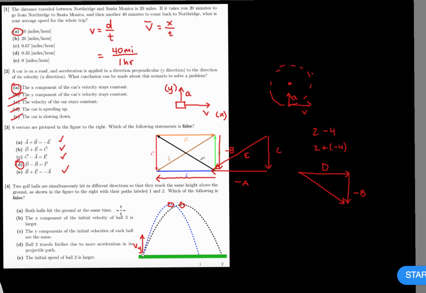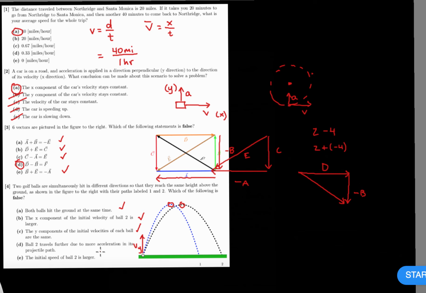So this is true: the x component of the initial velocity of ball 2 is larger. We just got done saying that. The y component of the initial velocities of each ball are the same. We just got done saying that. Ball 2 travels further due to more acceleration in its projectile path.